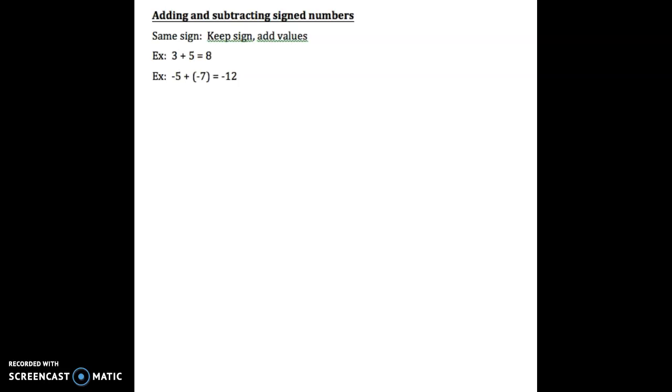The other choice is they're not the same sign. One's positive and one's negative. When that happens, I'm going to subtract the values, and you can think of subtracting the big one minus the little one, and I'm going to keep the sign of the number that's farther away from 0.